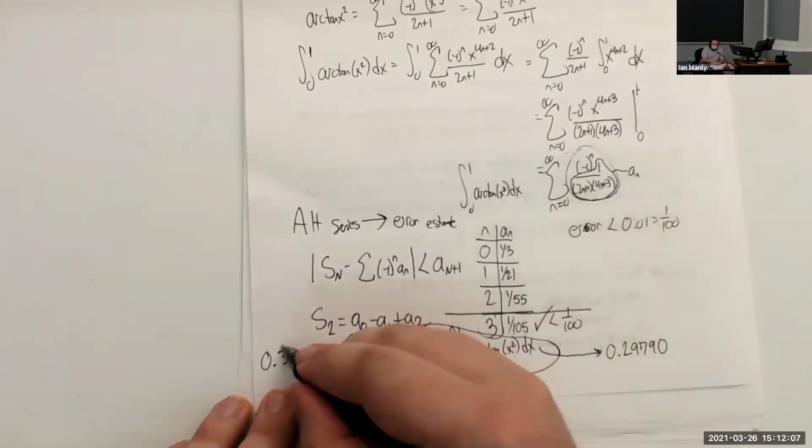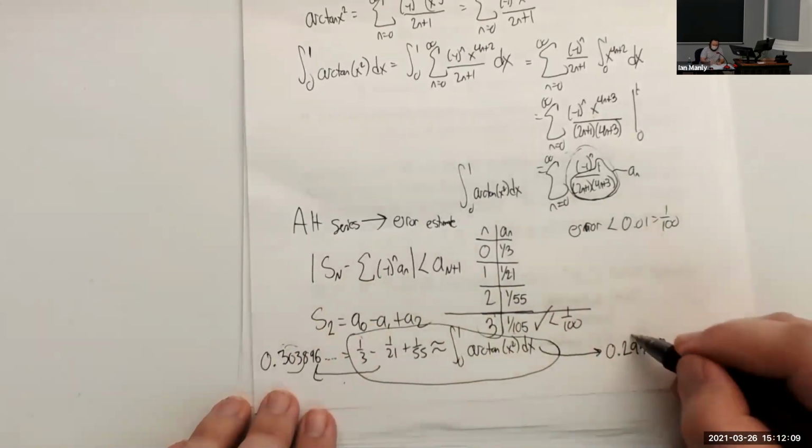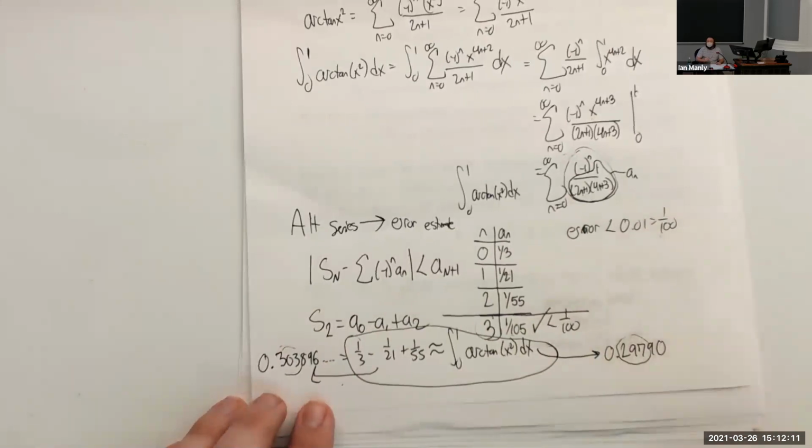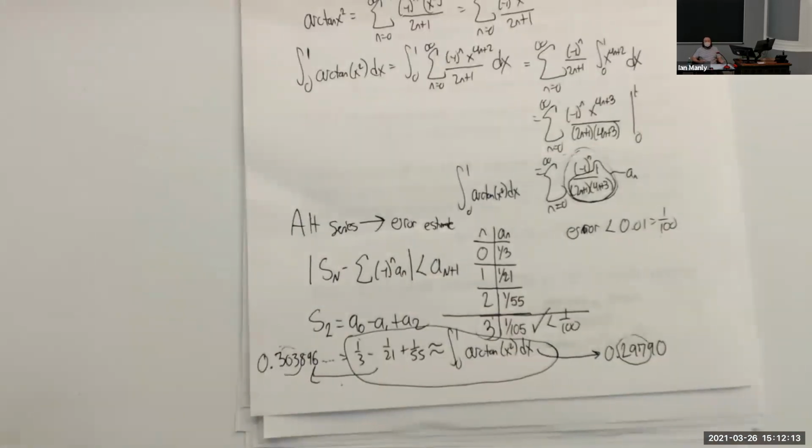So we have the difference effectively between 0.303 and 0.297. That's about a 0.006 difference in value. So we did end up having a less than 0.01 error here, and we only needed 3 terms to do it.